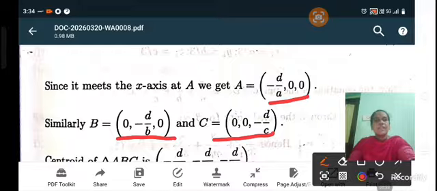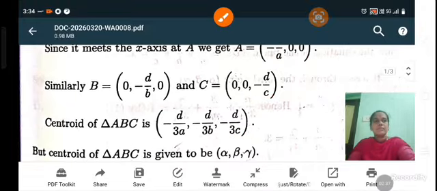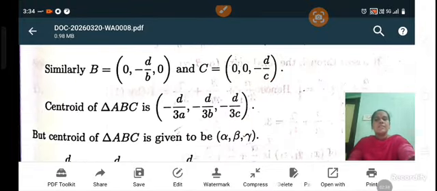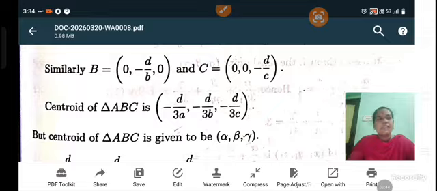Next, the centroid of the triangle. The centroid of the triangle ABC is given by ((x1 + x2 + x3)/3, (y1 + y2 + y3)/3, (z1 + z2 + z3)/3).